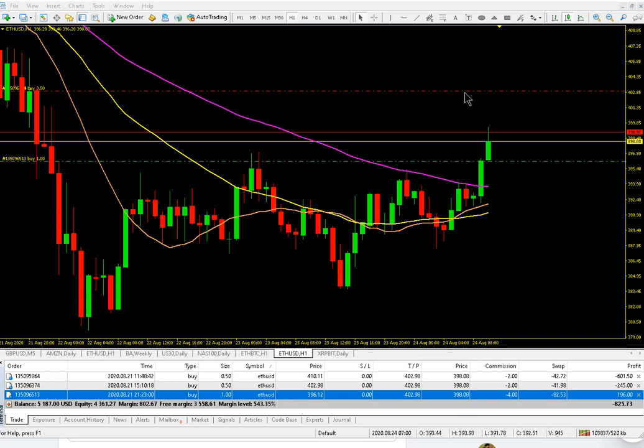But if it goes up to here, it will erase this loss and this gain from this trade right here that's in the green. Once that hits there, it'll erase the loss from this trade, because this trade is more lots than that trade.